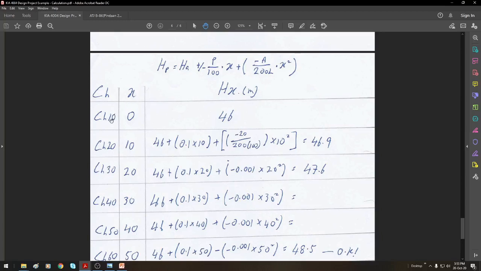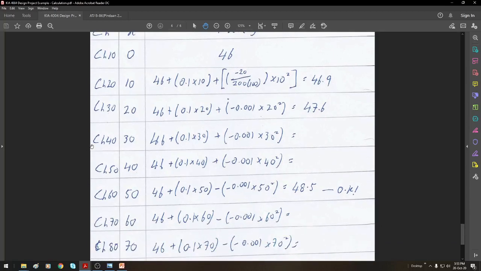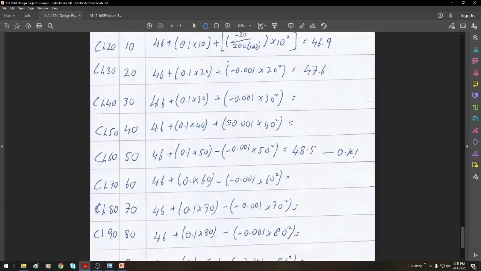So at chainage 10, the starting of your curve, we already know from our calculation the height is 46 meters. At chainage 20, you get 46.9. Calculate for every point, chainage 30, 40, 50. Here at chainage 60 is the IP point.